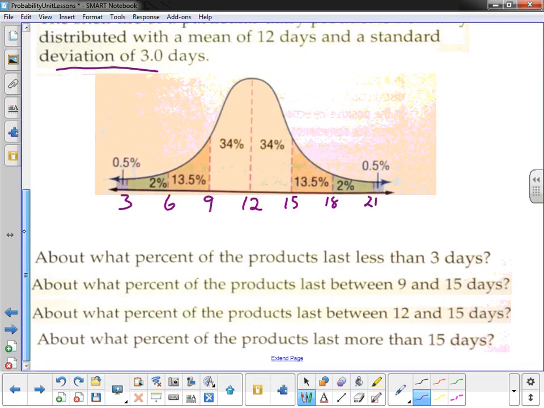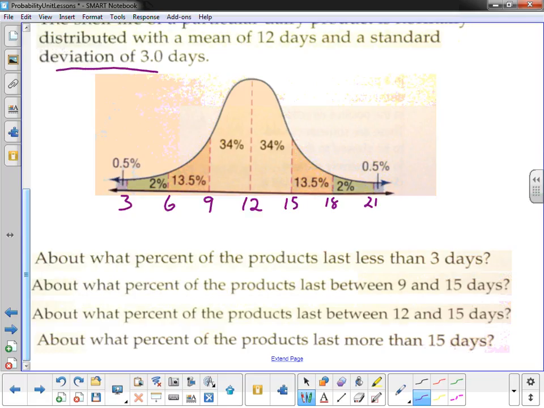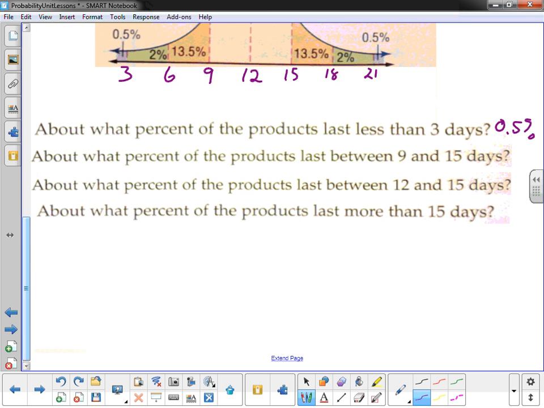Okay, so now I can answer these questions about what percent of the products last less than 3 days. Well, here's my 3 days. There's my percent. About 0.5% of the products are going to last less than 3 days. Now, let's say we had 500,000 products that we were studying here that all had this 12-day, 3-day deal.